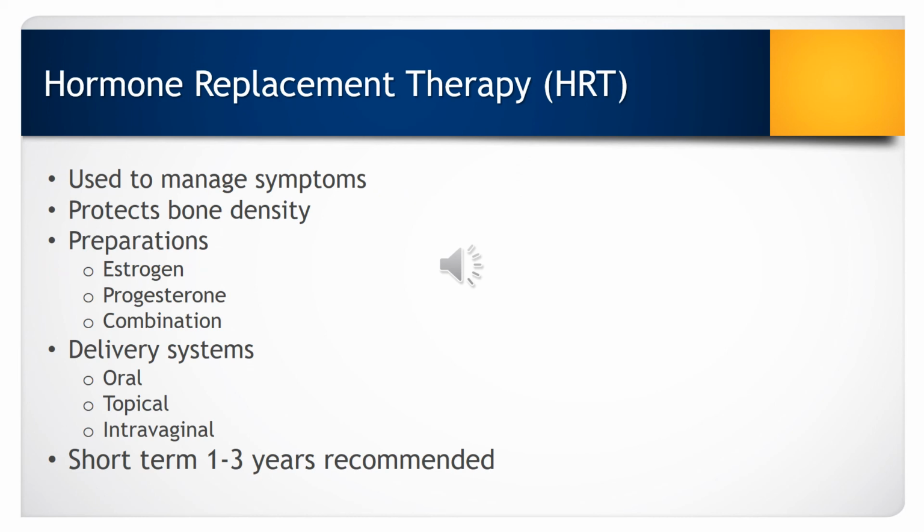One treatment modality that has been used often is hormone replacement therapy, or HRT. HRTs are used to manage the symptoms of perimenopause, the vasomotor symptoms such as the hot flashes, and vaginal dryness.